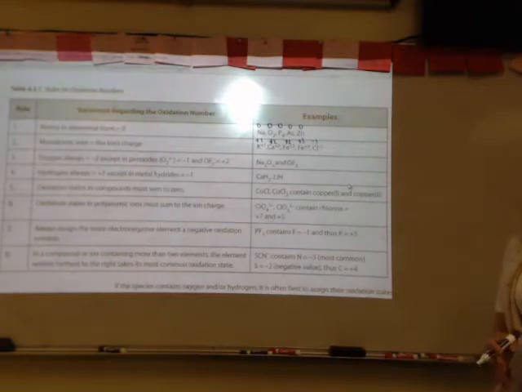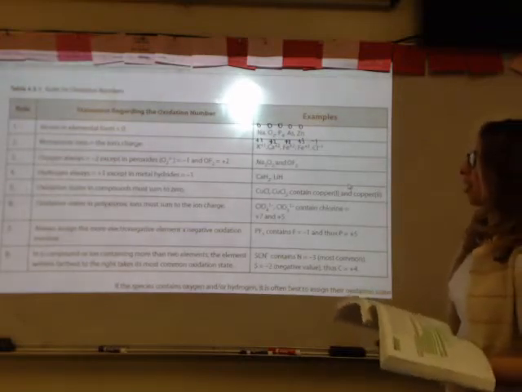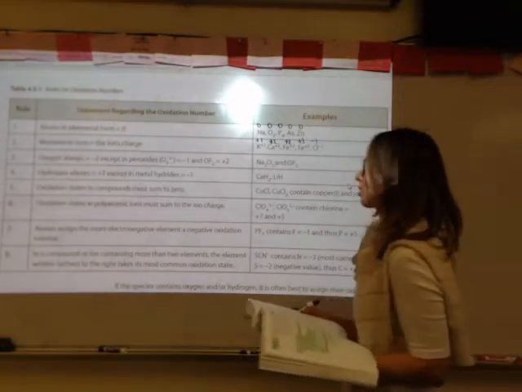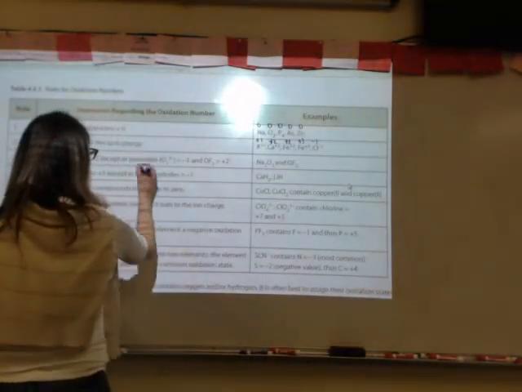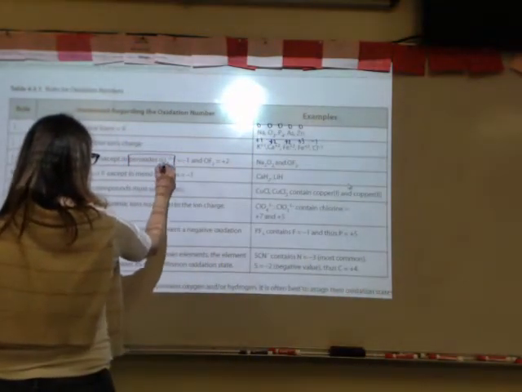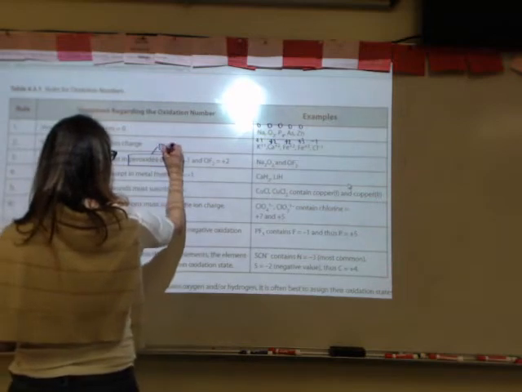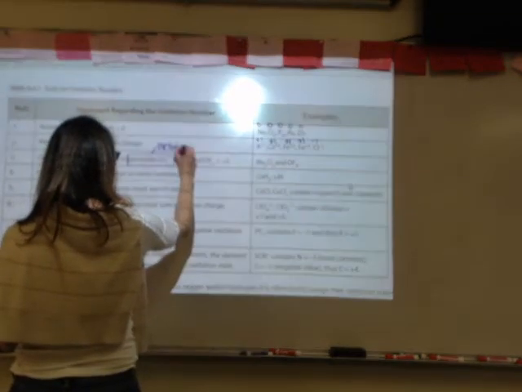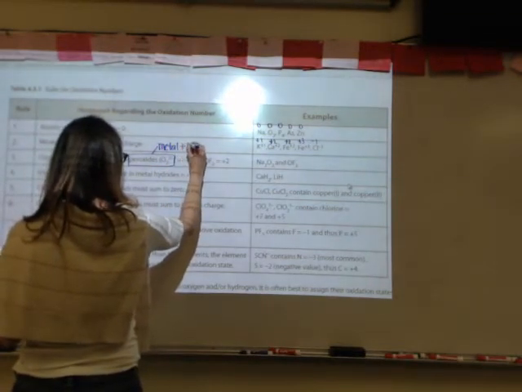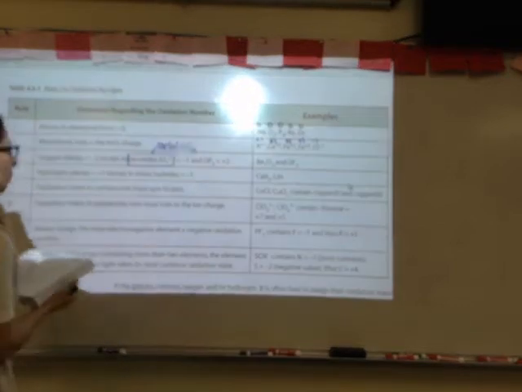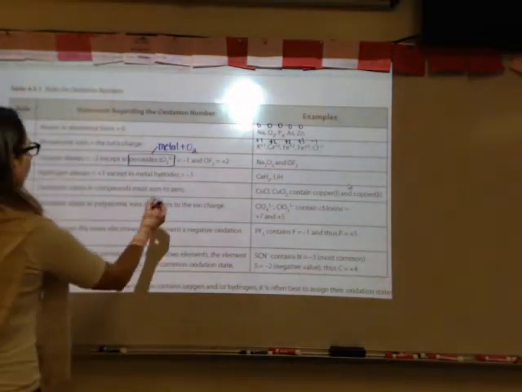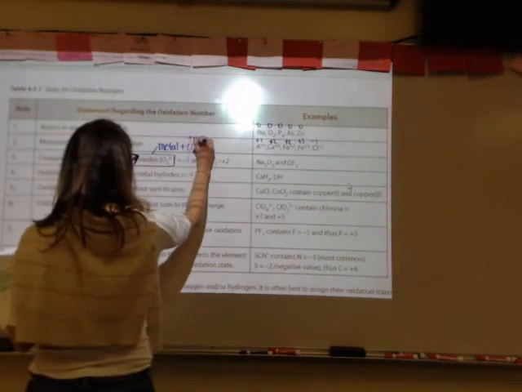Rule number 3, oxygen is always -2, which is the same as its charge on the periodic table, except when you have peroxide. Now, I often get questions about the peroxide. You have to have a metal with O2 to be suspicious of this O2 being peroxide.